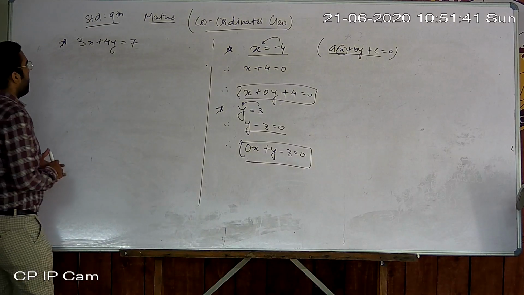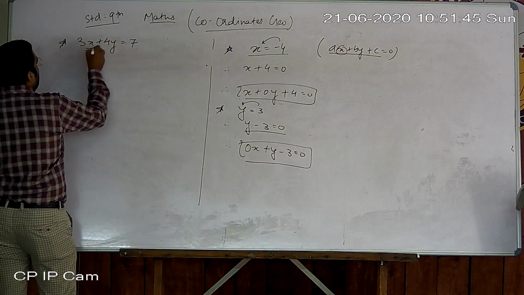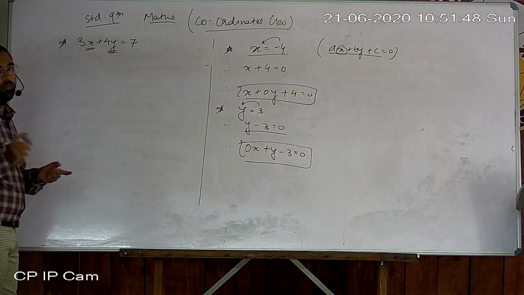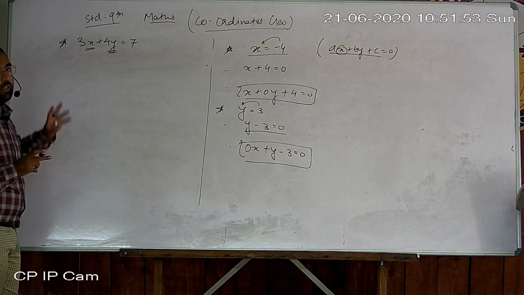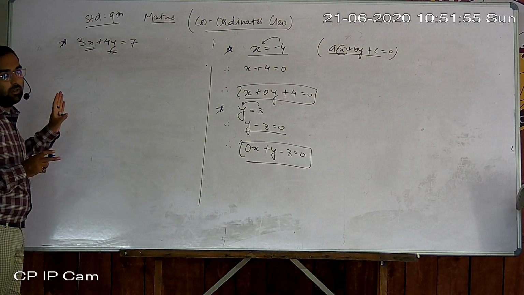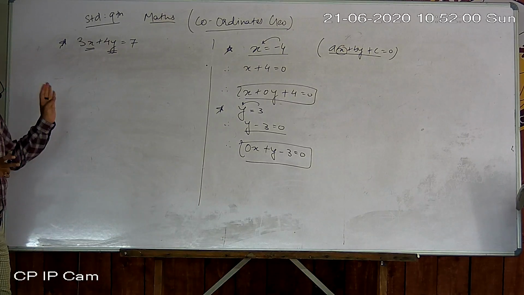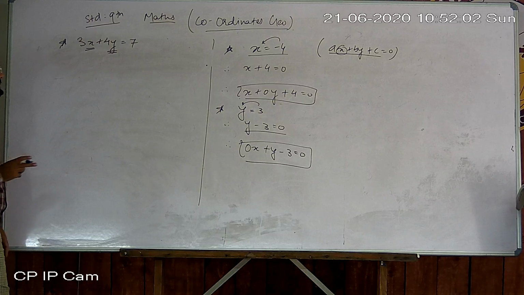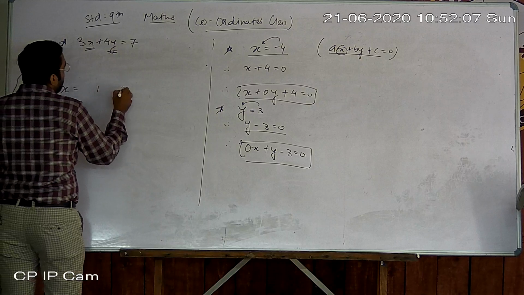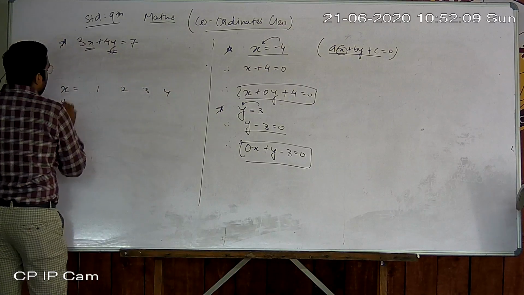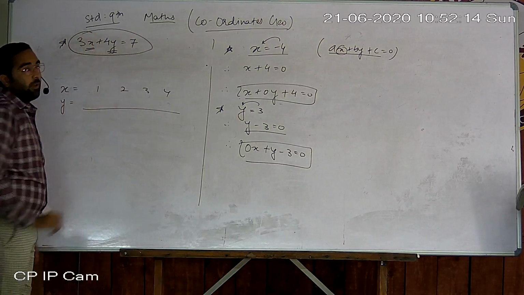Now if I want to solve it, from both of the variables, I'll choose any one of them and put values of x or y as values. Then I'll find the value of the second variable. If I put the value of x as 1, 2, 3, 4, I'll find the value of y corresponding to the equation.